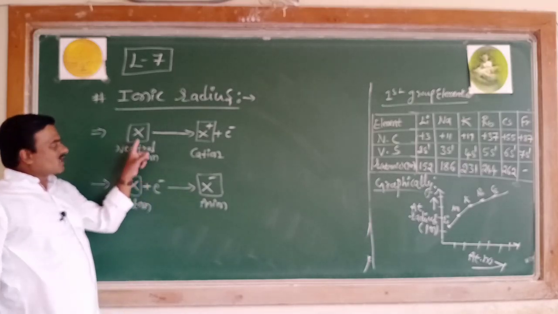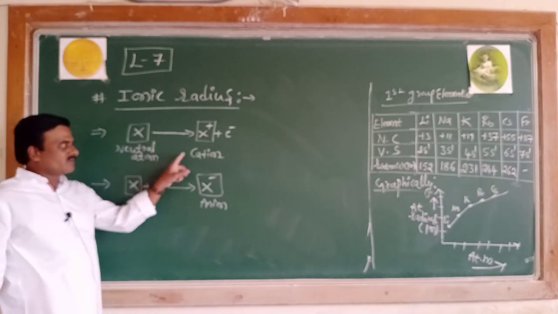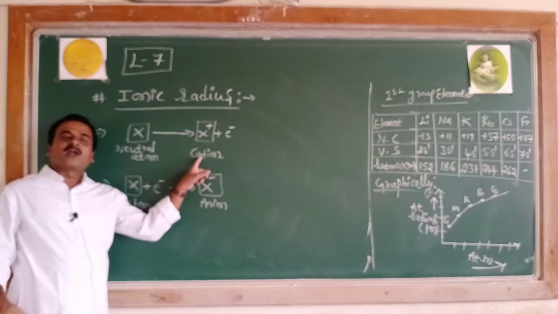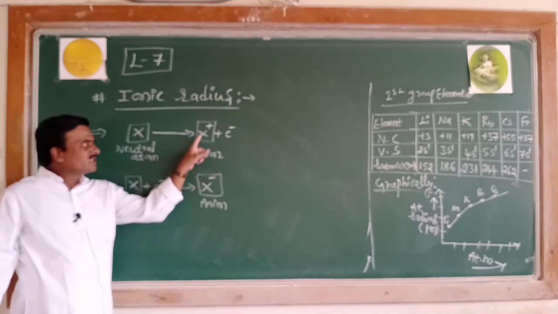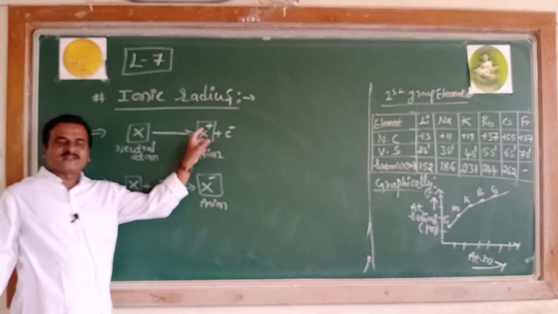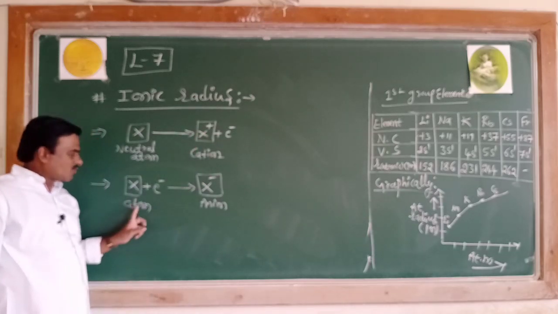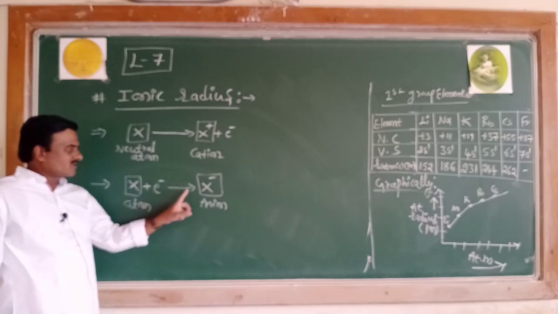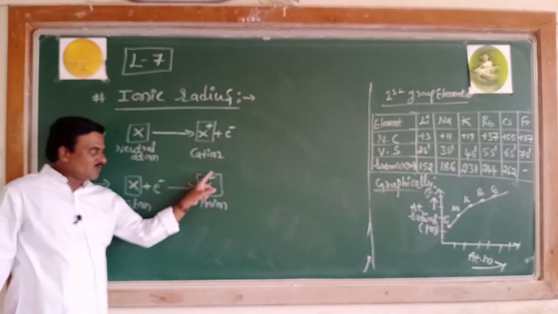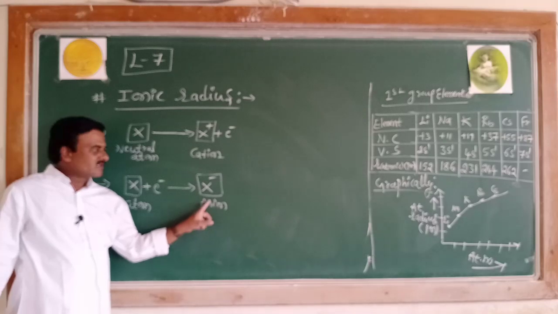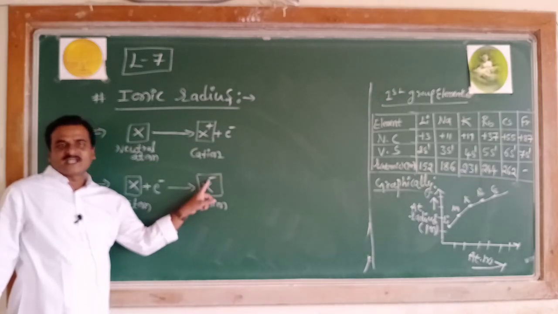Whenever one or more electrons are lost by an atom, that gives you cations, which carry a positive charge. Whenever a neutral atom gains electrons, new ions are formed, called anions, which carry a negative charge.